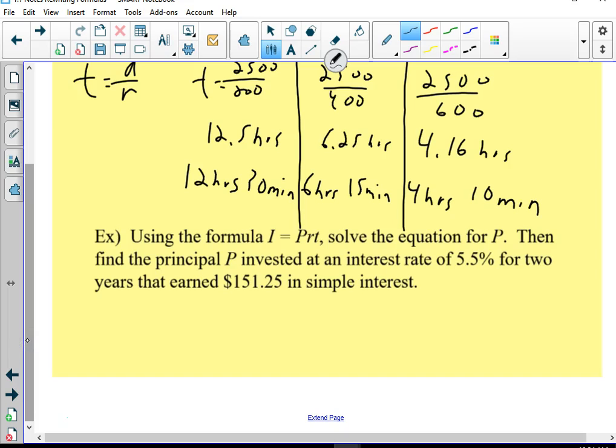Last but not least, solve for P. So how do we solve for P? P equals what? Interest divided by rt, right? Interest divided by rt. So find the principal. If the interest rate is 5.5, we need to change that to a decimal.